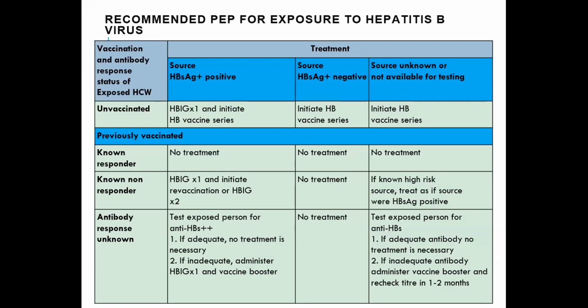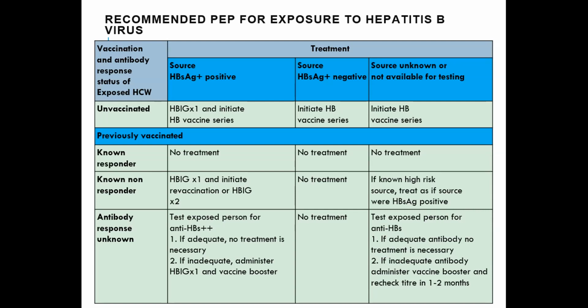But if the healthcare worker was previously vaccinated and is a known responder, whether the source is positive or negative, usually no treatment is needed. But if it's a known non-responder, if the source is positive, usually we will give hepatitis B immunoglobulin ×1 and initiate the vaccination, or hepatitis B immunoglobulin ×2. However, if the source is negative, usually no treatment is needed.